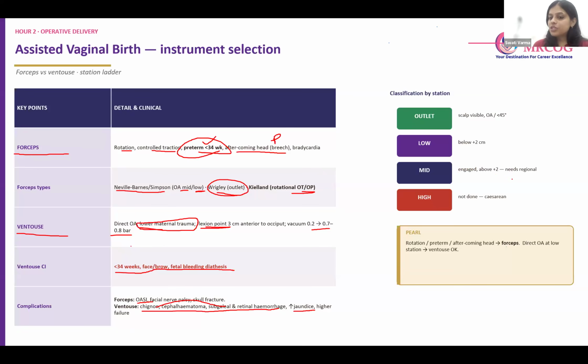It usually needs regional analgesia. And high forceps is usually not done. Go for a cesarean section straight. Wherever you have to do a rotation, preterm or after coming head, go for forceps. Wherever direct occipito anterior at low station and you think that ventouse is preferable, then you can safely go for ventouse.